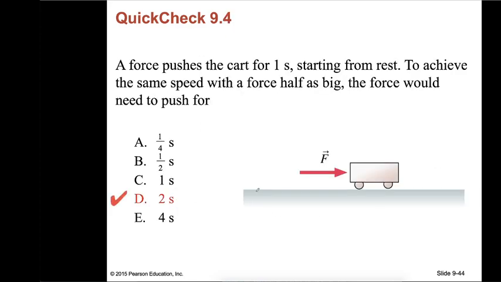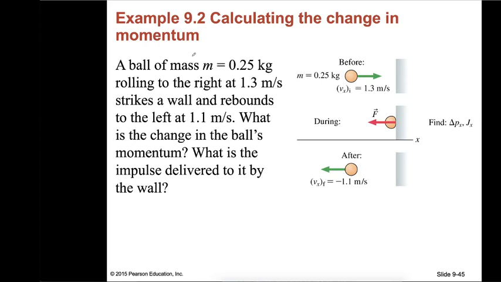Okay, so here's another example. You can try to do it by yourself. Now let's see another example, calculating the change in momentum. A ball with a mass of m equal to 0.25 kilogram rolls to the right at an initial speed and then strikes a wall and rebounds to the left at another speed.